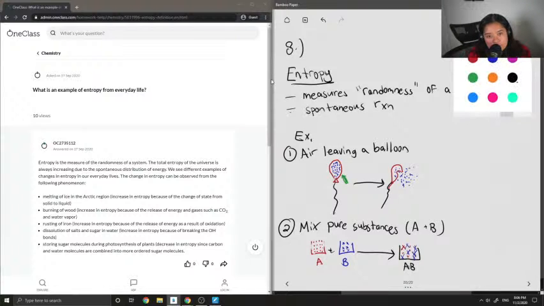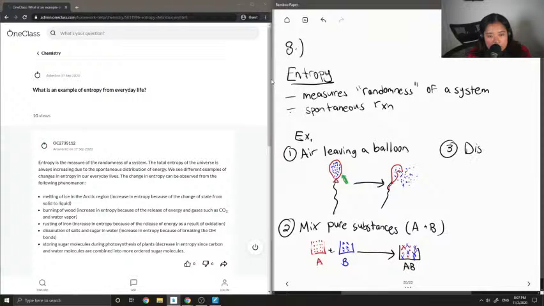And just another simple example is when you dissolve sugar in water. There is an increase in entropy.